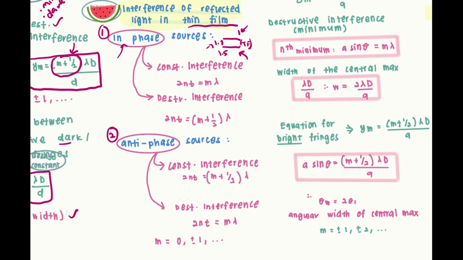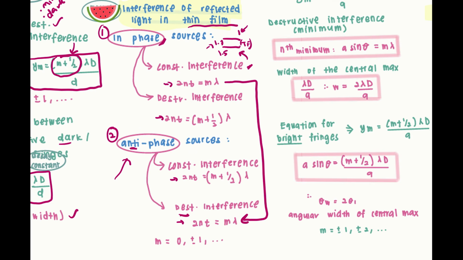For the case of in phase, this is the equation for constructive and destructive. And if it is the case of antiphase, this is the equation for constructive and destructive. If you compare, constructive in phase has the equation equal to destructive antiphase.